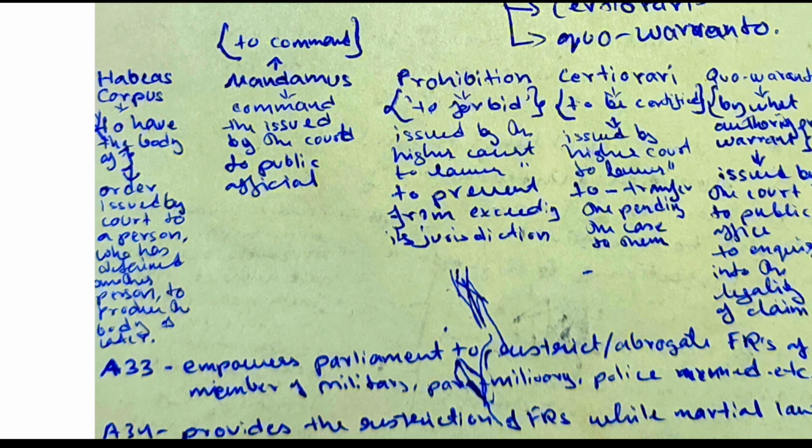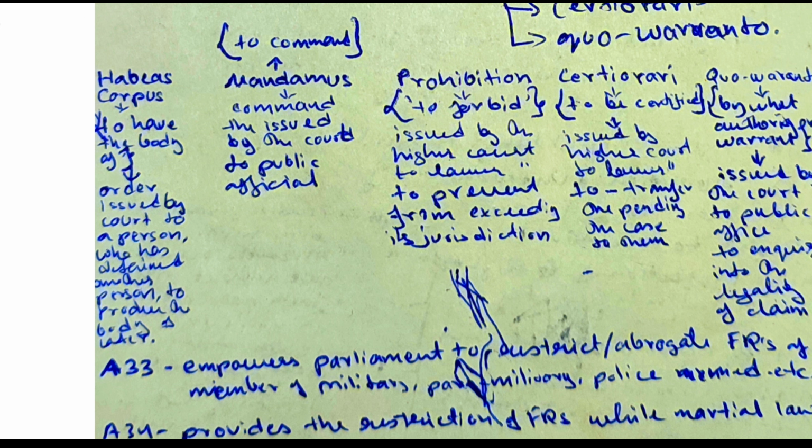Prohibition means to forbid, and it is issued by a higher court to a lower court to prevent it from exceeding jurisdiction which it does not possess. Next is certiorari. Certiorari means to be certified or informed, and it is issued by a higher court to a lower court to transfer pending cases to it.